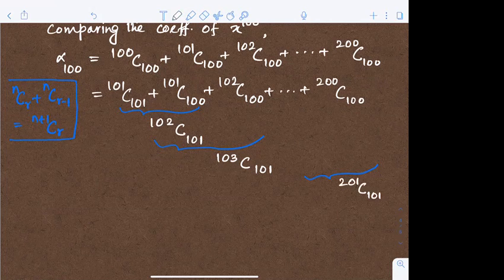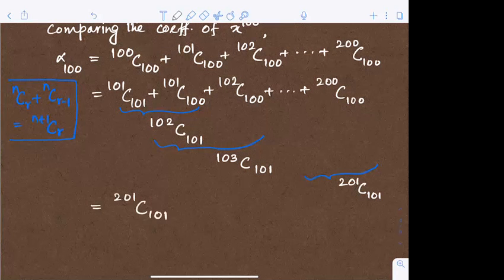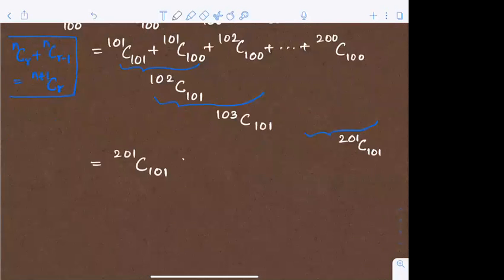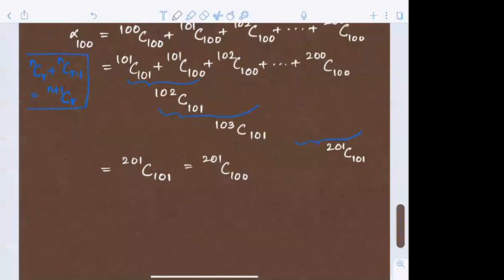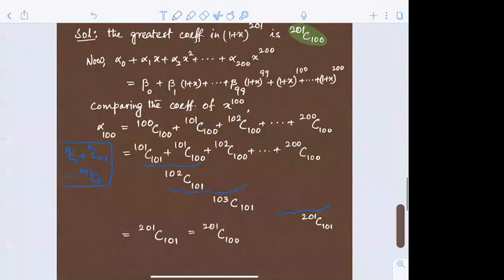So that is our final result. So this is equal to 201C101, which is nothing but 201C100. Both are the same. So you can see now those two are the same here.